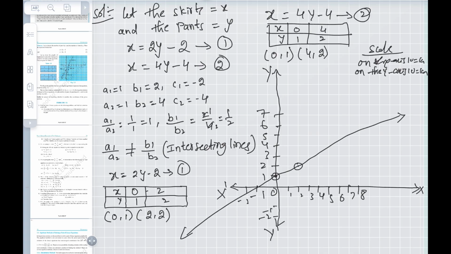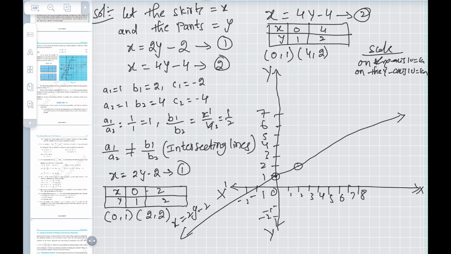Write the equation. For which equation is this one? x equals 2y minus 2. And next, 0 comma 1, x value 0, y value 1.